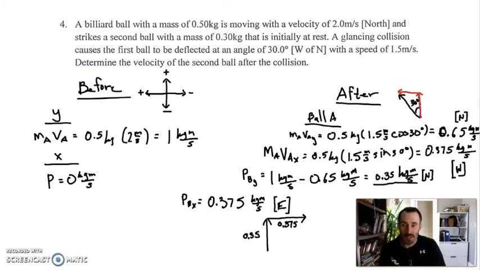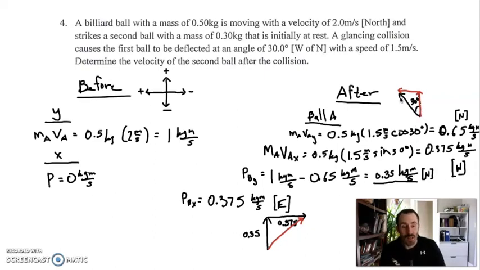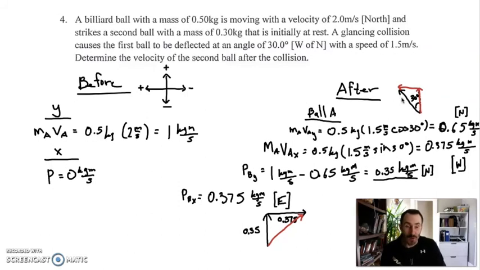And so the total momentum of ball B is going to be to the northeast, like this. Okay, and that should hopefully make sense, because if ball A is doing this, so it's traveling north, it hits ball B and glances off this way, you would expect ball B to glance off the other way, right? And so that's what we find it does. It has a north momentum and an east momentum.